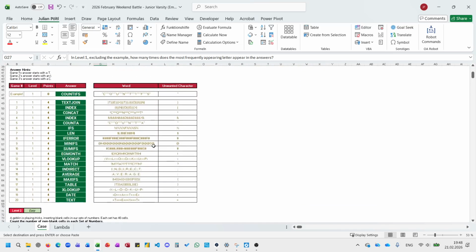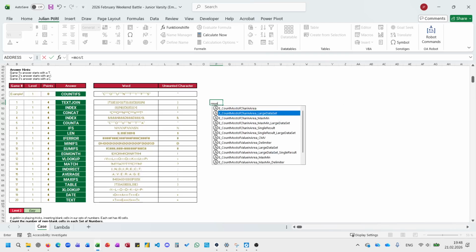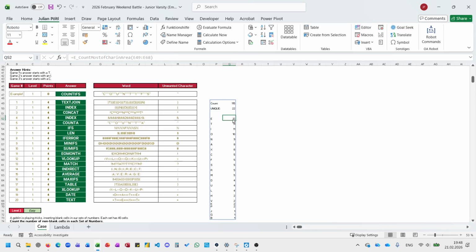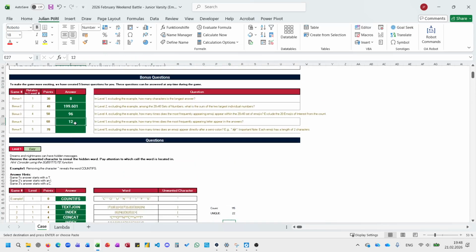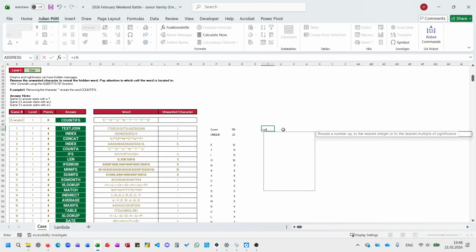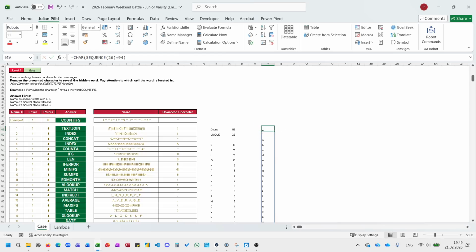Appear in the answers. So basically len minus len substitute for all alphabet letters or most of character in area, which is doing basically the same. And then I know that E is appearing 12 times. So you could also do, okay, I know the alphabet. There's chars sequence 26 plus 94, I think. Or was this small? No, this was 64.